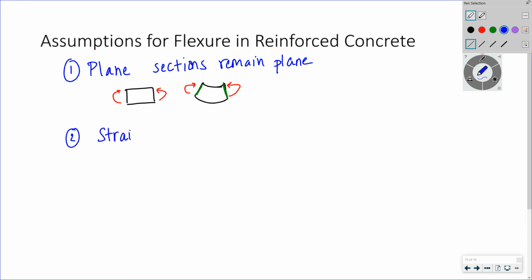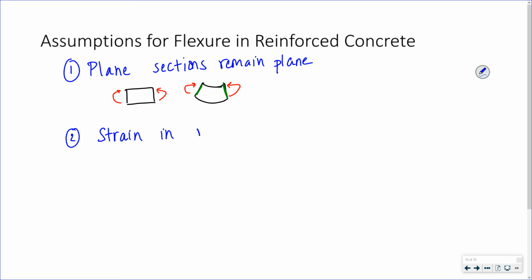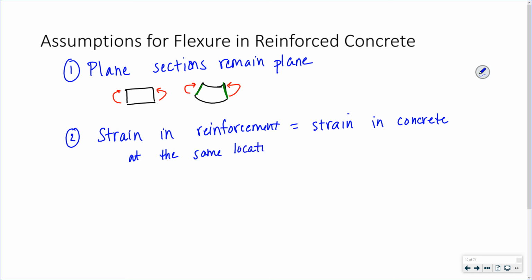The strain in our reinforcement is going to be equal to the strain in our concrete at the same location. That means the concrete and steel are perfectly bonded.